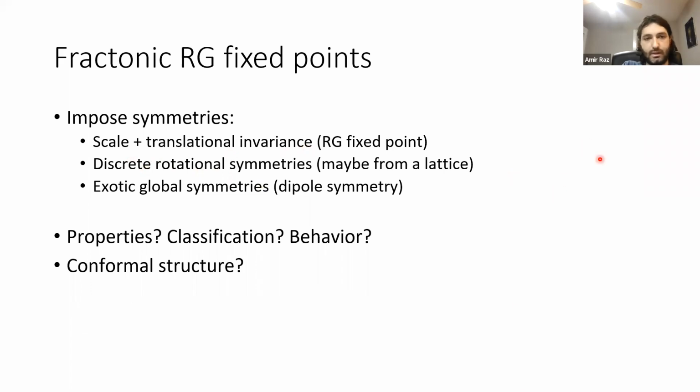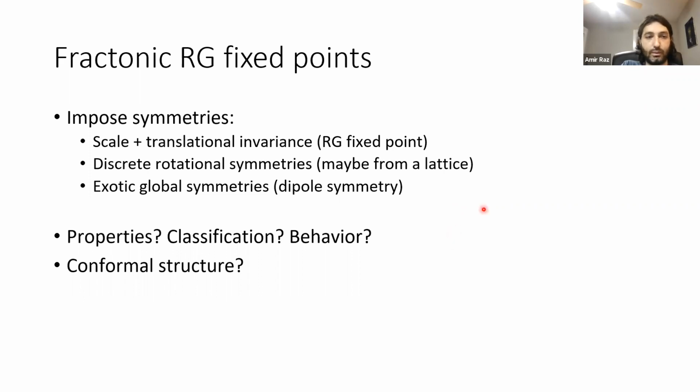Otherwise, it's just not a continuum quantum field theory. We wouldn't want them to have full rotational symmetry, but definitely having some discrete rotational symmetries is beneficial, and also having some sort of exotic global symmetries, like the dipole global symmetry, or maybe a tensor gauge symmetry, or some other exotic global symmetry.